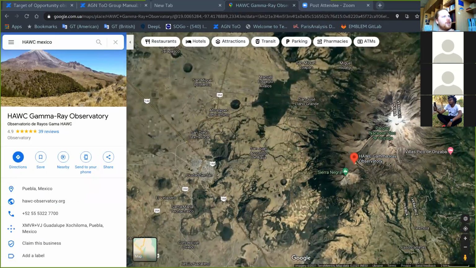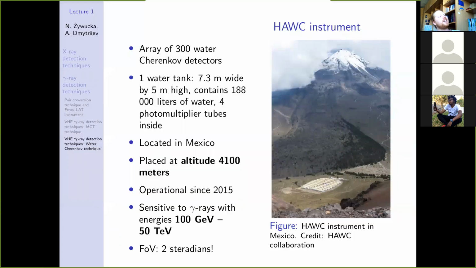So we can return to the slides. Cool. So this is an array of 300 water tanks, which are used to detect air shower particles. One water tank is not that small, actually: 7.3 meters wide and more or less 5 meters high, and each tank contains around 188,000 liters of water.